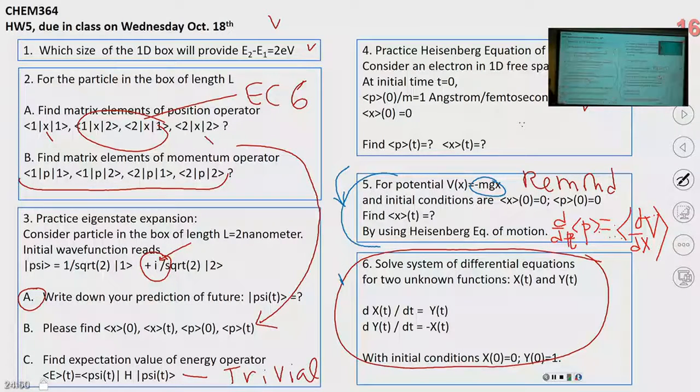But as a hint to avoid boring integration, there is a suggestion to first find these matrix elements, the convolution between the operator of interest and basis functions, ahead of time. Then you use them when you practice your prediction of the future and finding observables as a function of time.